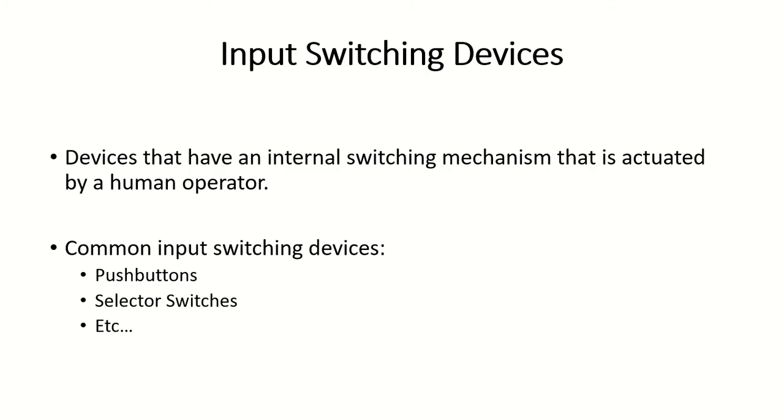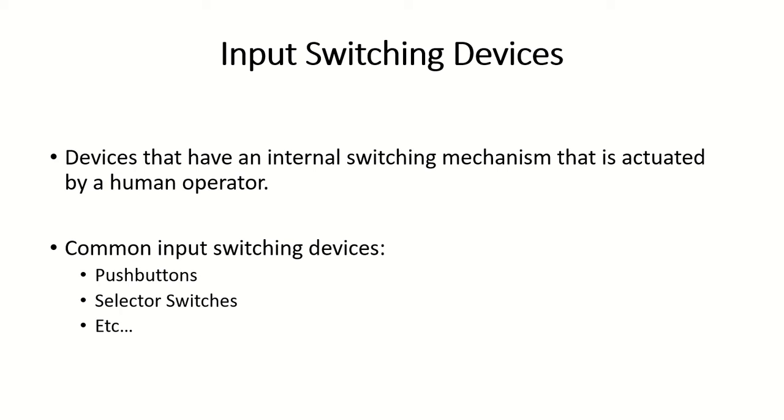All right, input switching devices. Just a fancy name for a switch that is going to control a load. It could be controlling a relay coil, energizing or de-energizing. It could be a light fixture that we're energizing or de-energizing.